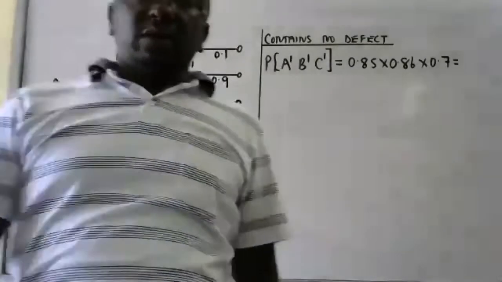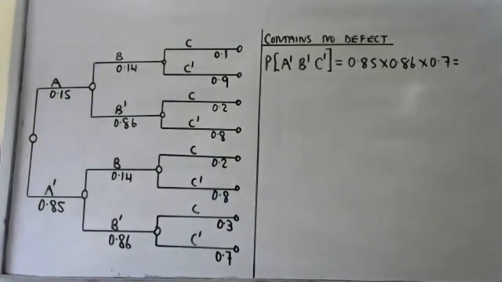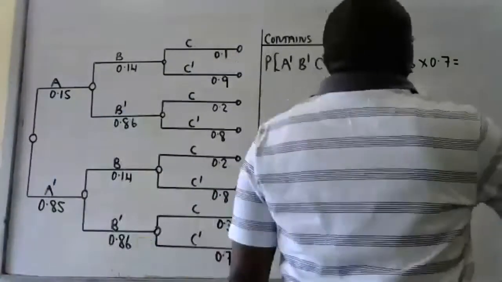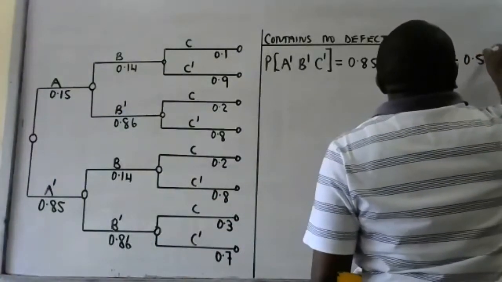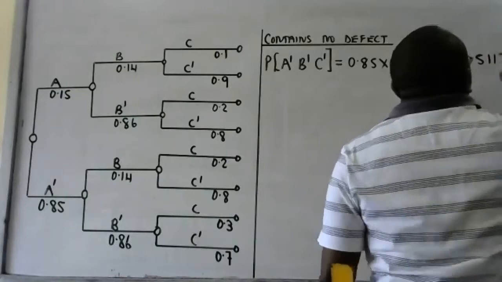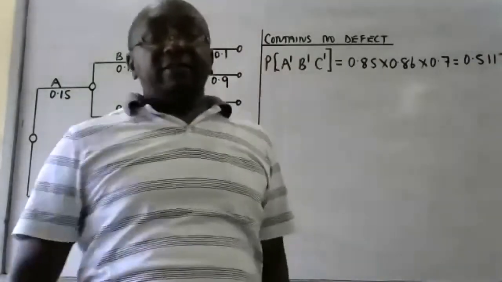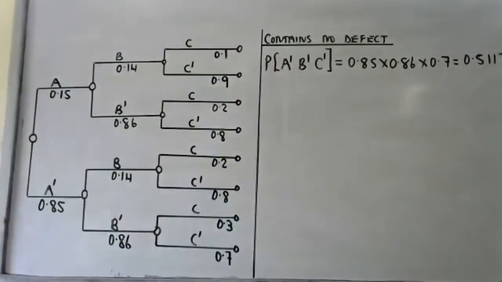So if you seek help from the calculator, you'll be able to say 0.85 times 0.86 times 0.7, and it tells us it is 0.5117.